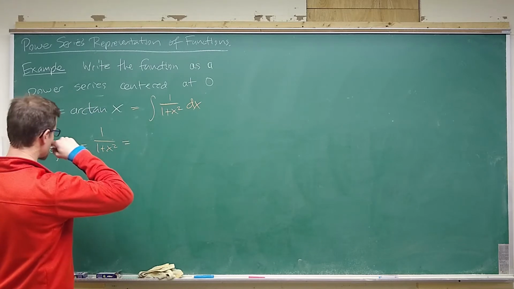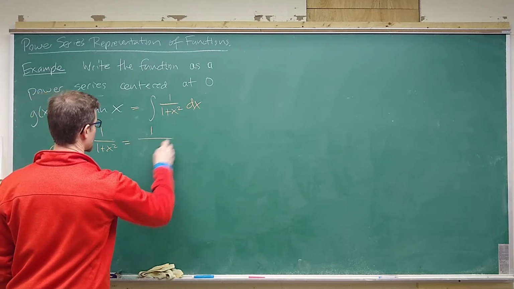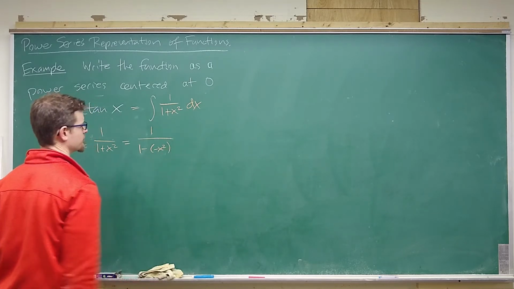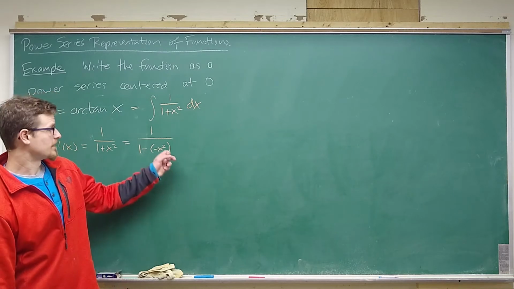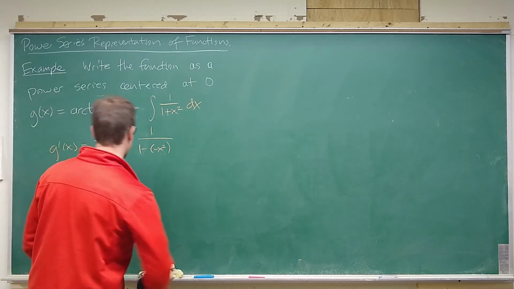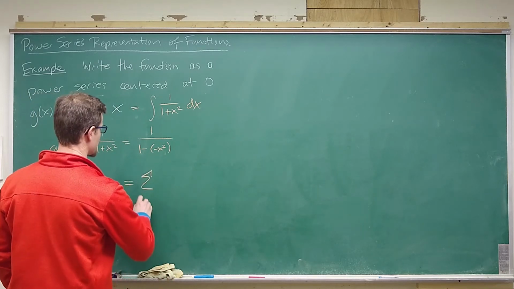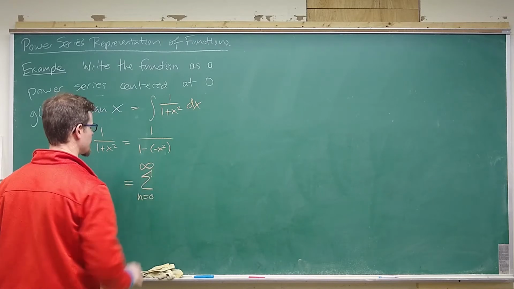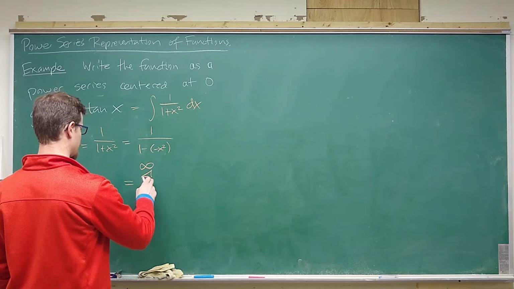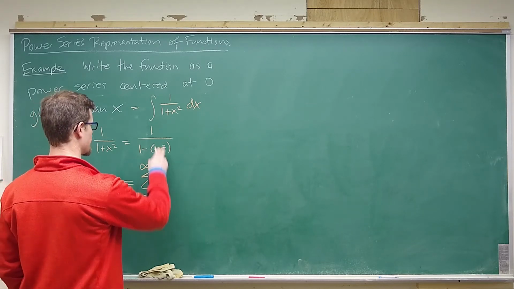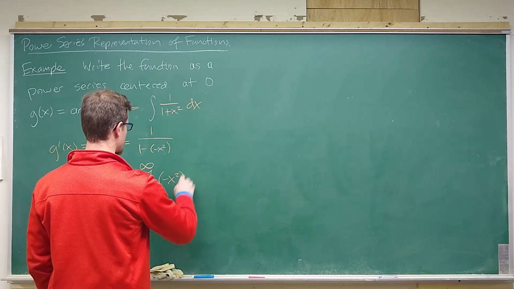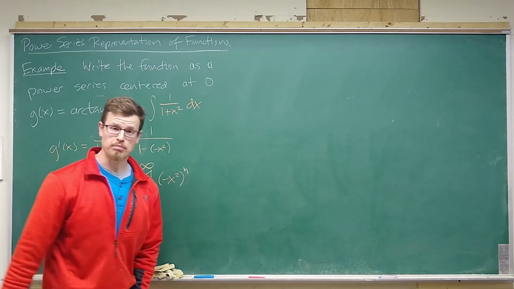But this is equal to 1 over 1 minus negative x squared. Okay, so it's the negative of x squared. That's going to be our value for the geometric series. So this is the sum from n equals 0 to infinity of, the a value is 1, the r value is negative x squared, raised to the nth power.